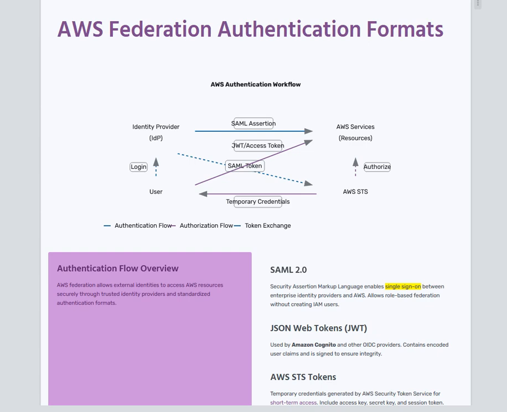One of the things we're going to discuss with these policies and IAM is federation authentication, right? Federation means we're going to use external identities to access AWS resources securely through trusted identity providers and standardized authentication formats.